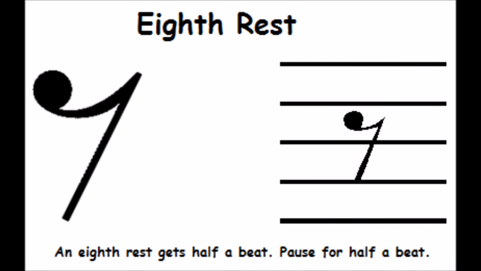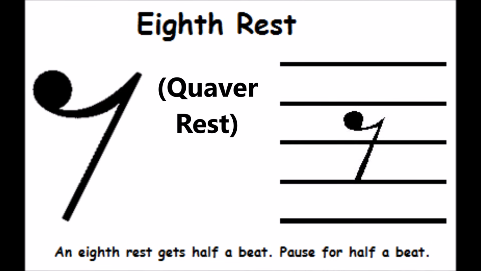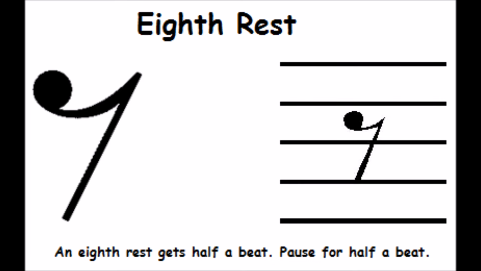An eighth rest or quaver rest looks like the number 7 with a dot at the top left end. Like an eighth note, it has a value of half. You must be silent for half a beat or count.